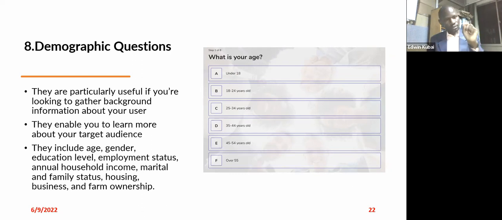But when you're designing demographic questions, make sure ethical consideration is considered. Don't put a question that the respondents will feel shy to respond to, or feel they're being harassed to respond to, or don't like to respond to. So make sure that you understand your target population and your sample very well.